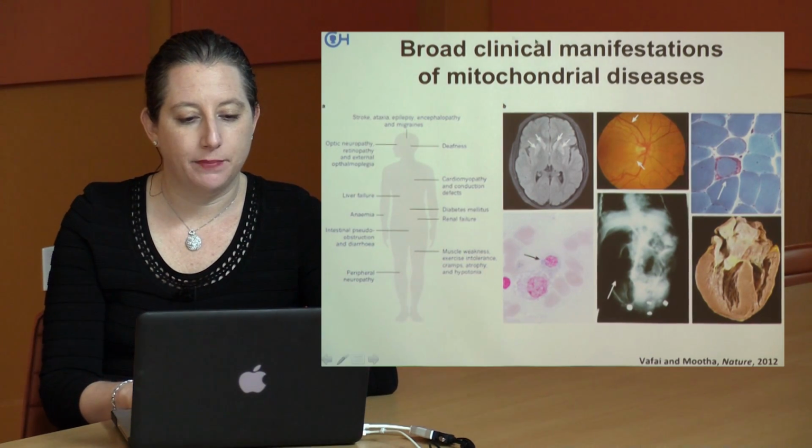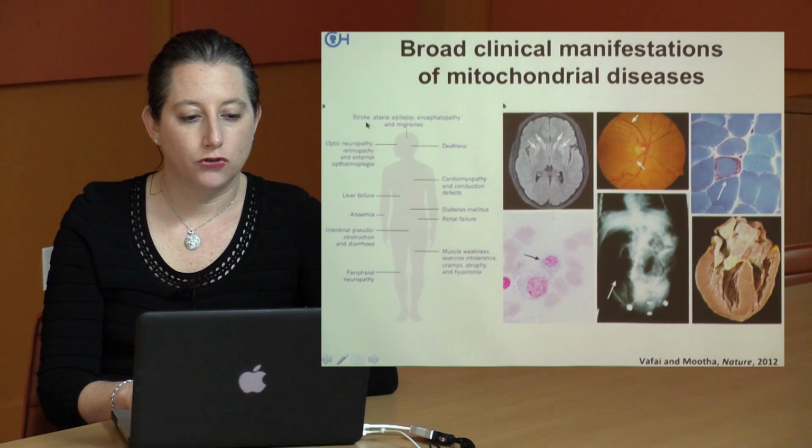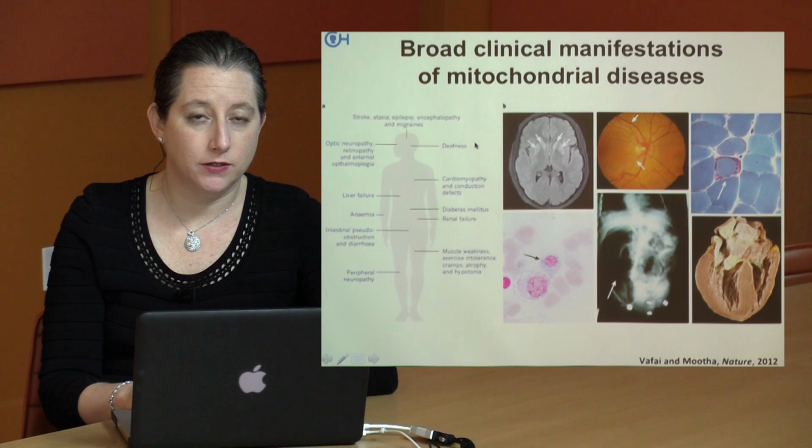This is a nice depiction of the different types of features that are most common in mitochondrial diseases. So strokes, ataxia, epilepsy, so balance problems, seizure problems, difficulties thinking, and migraine headaches are some of the neurologic problems that you see. Hearing loss is really quite common in mitochondrial disease.